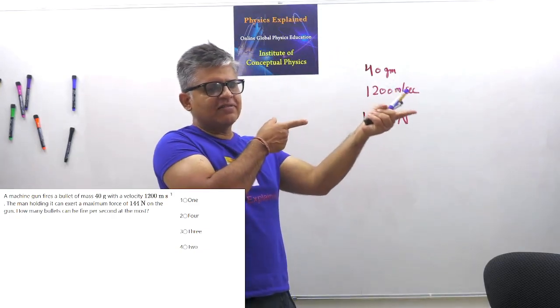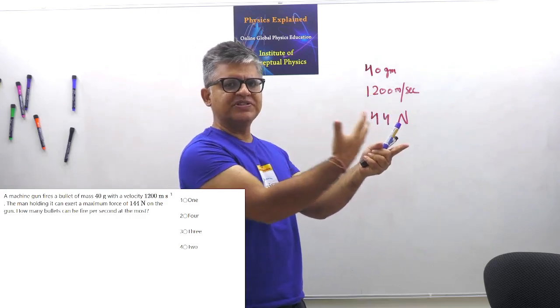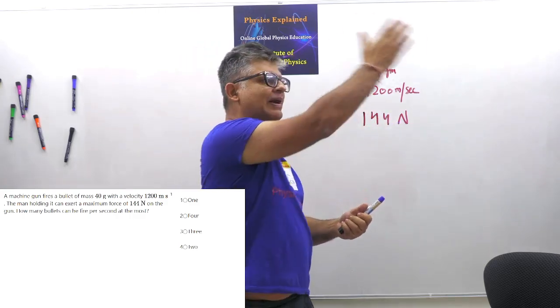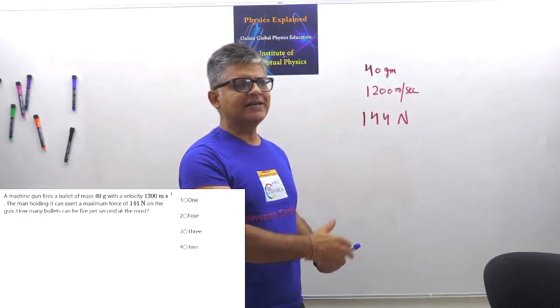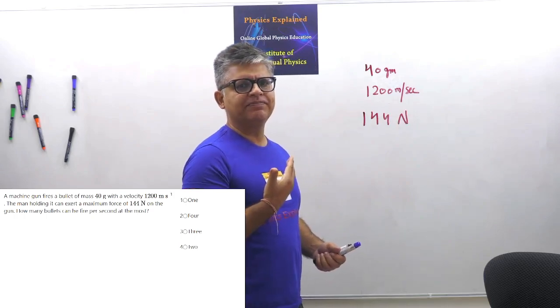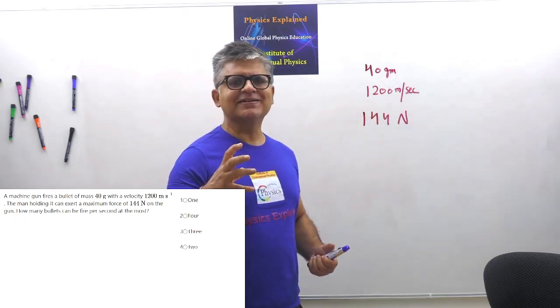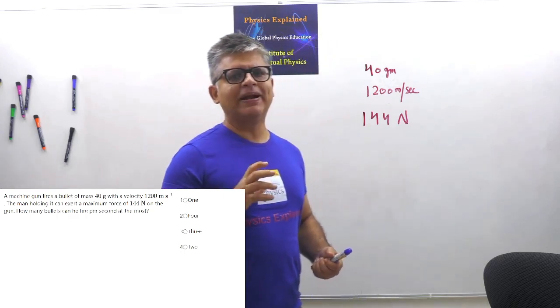If you fire the gun, there is a recoil, right? Which means a force comes back on you because the forward momentum of the bullets which are going out is equal to the backward momentum of the gun. That is the conservation of linear momentum.